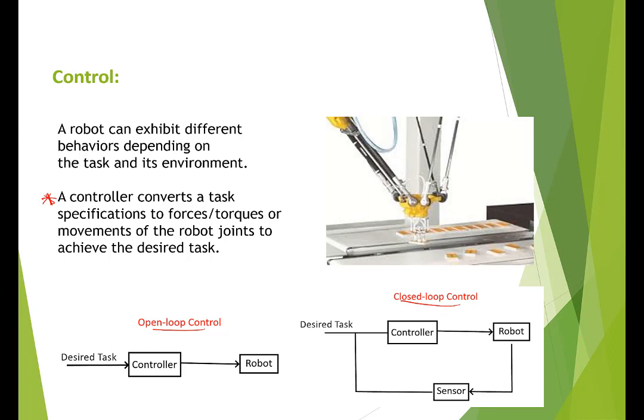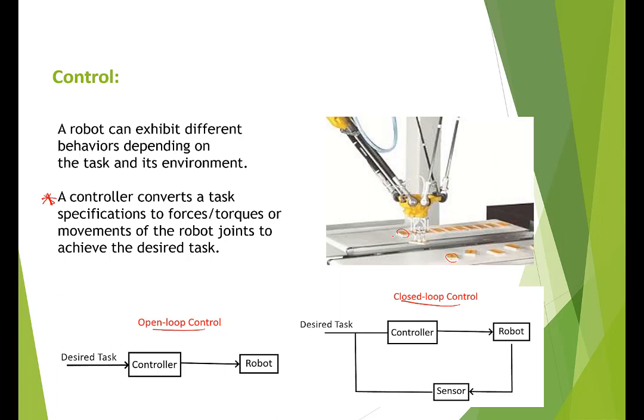Consider this robot in the image. It wants to pick an object from this rail and put it on this rail. Assume we have a sensor with which we perfectly know the position of this object and perfectly know where it should be. We have a perfect mathematical model of the robot. Everything is very accurate.